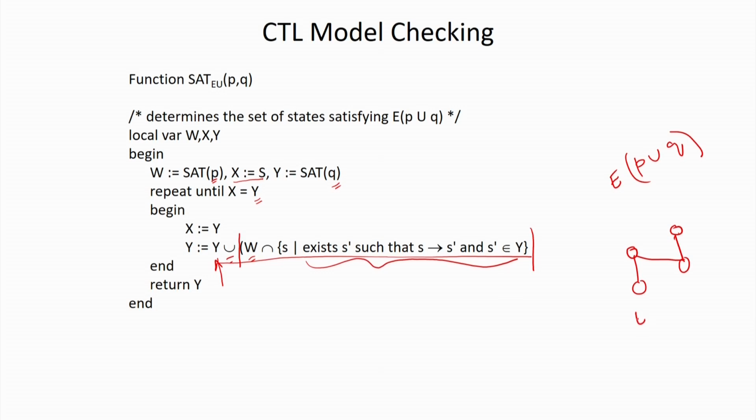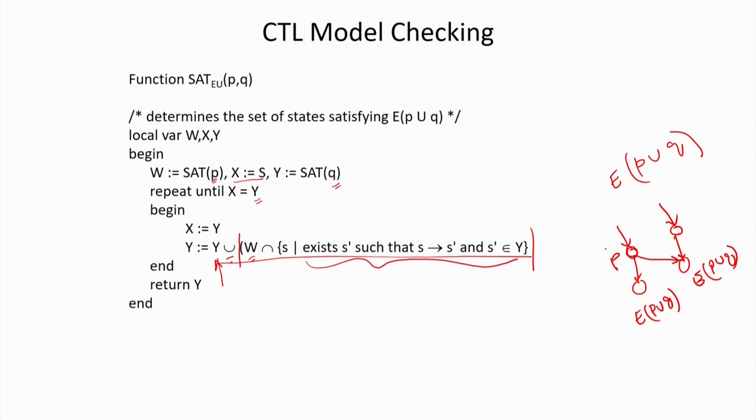Say E p until q is true over here, E p until q is true over here, and say p is true over here. Then, when I take the predecessor states, we look for those predecessor states where p is true.